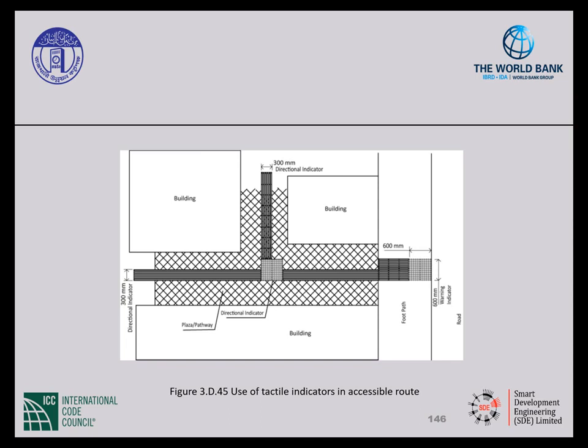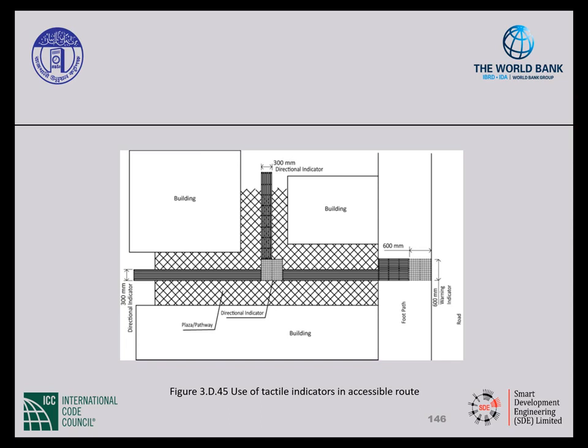You'll see that that comes up to the intersection of the 2 different accessible routes where the directional indicator is shown. From there, you can turn and go between the 2 buildings that are above the pathway, and you'll see that there's a directional indicator there, or you can continue on to the right until you get to the footpath.